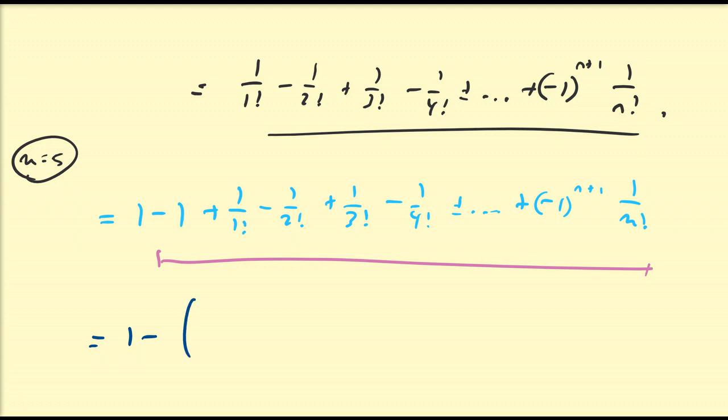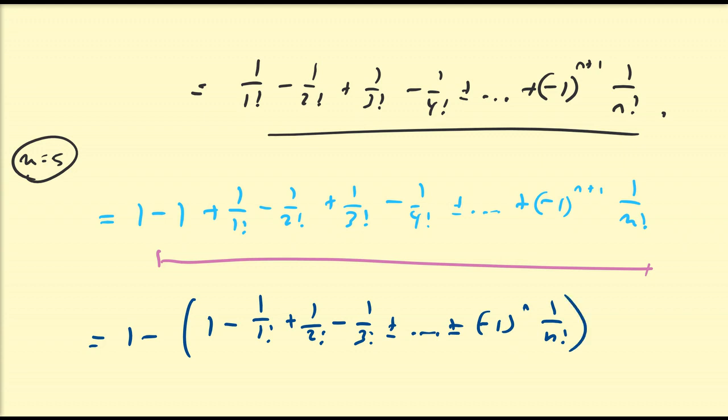So I have 1 minus, so that negative 1 is going to make this plus, and this plus is going to be minus: 1 minus 1 factorial plus 1 over 2 factorial minus 1 over 3 factorial, plus and minus all the way up to this last term, which of course is going to be negative 1 to the n plus 2, which is the same thing as negative 1 to the n of 1 over n factorial. And keep in mind, we can rewrite this as 1 over 0 factorial as well.